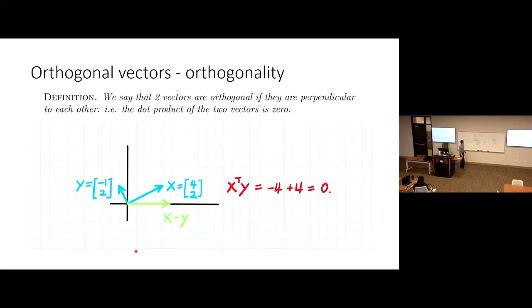Let's come back to this page. If you want orthogonal vectors, how do you find them? This 4, 2 is not on the unit circle, but you can divide by its magnitude and come back to normal. And this is orthogonal to that.